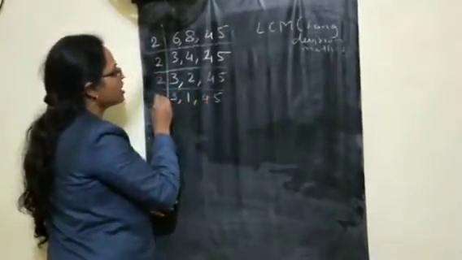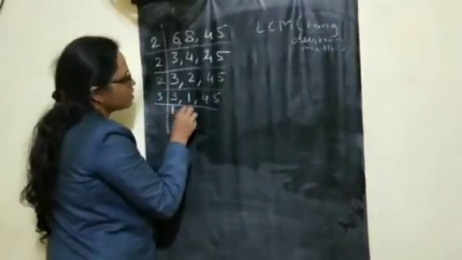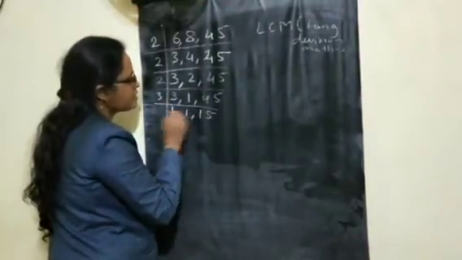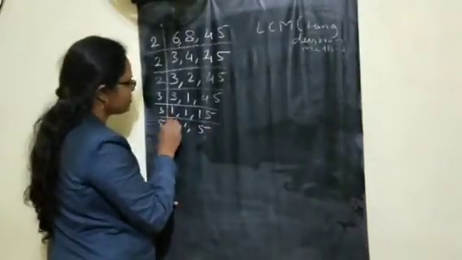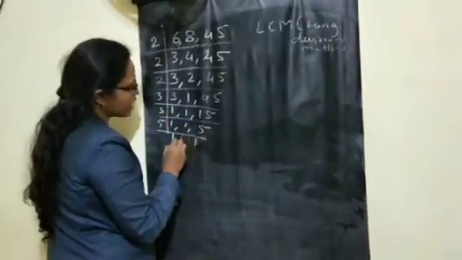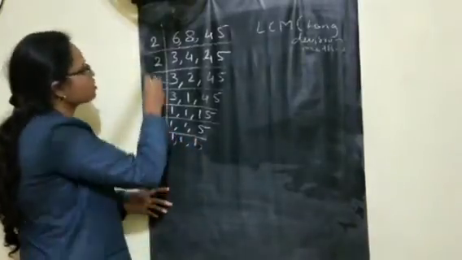Now you move to the number 3. 3 1s are 3, 3 1s are 3, 3 5s are 15. Then again 3 5s are 15 and then 5. So like this you go on until you get 1 1 1 everywhere.